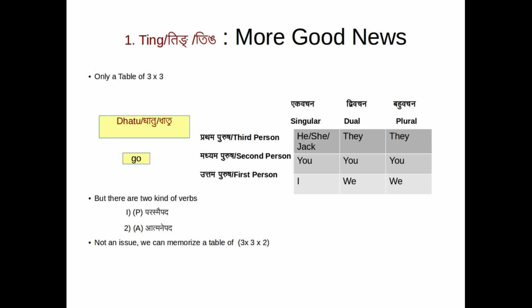So, there are 3 cross 3, that is 9 places, and we have to remember 9 different ting pratyayas, that is the tool used to transform dhatus into a verb word.